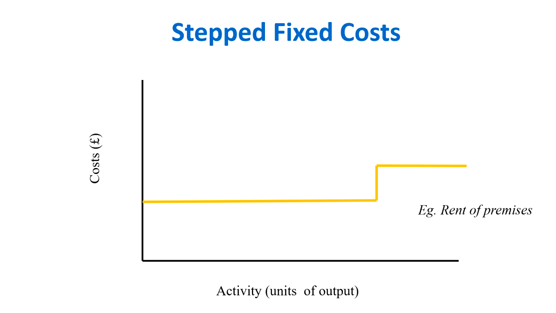Another type here are what are called stepped fixed costs. So earlier, the assumption was that fixed costs, such as rent of premises, would remain unaltered with changes in activity level.